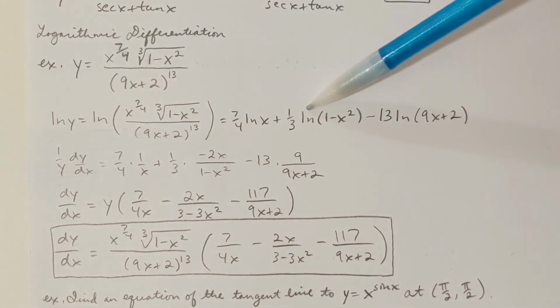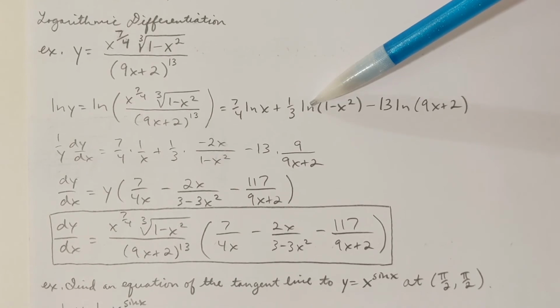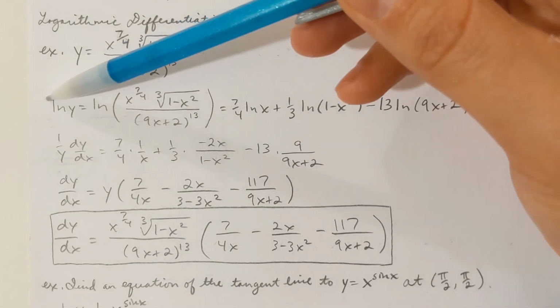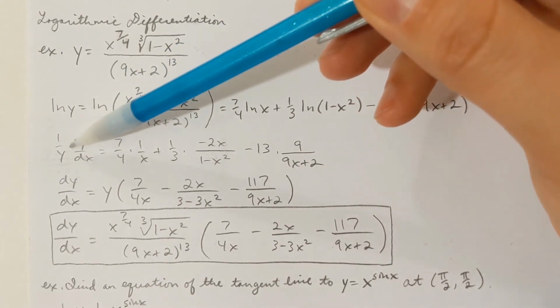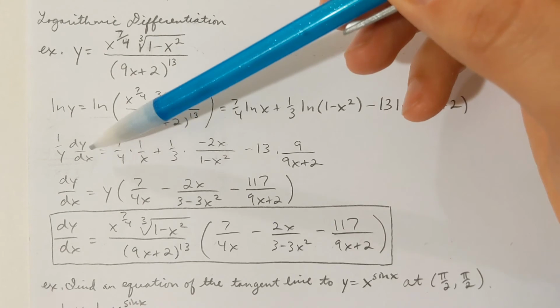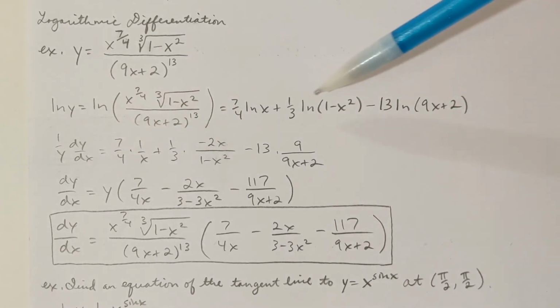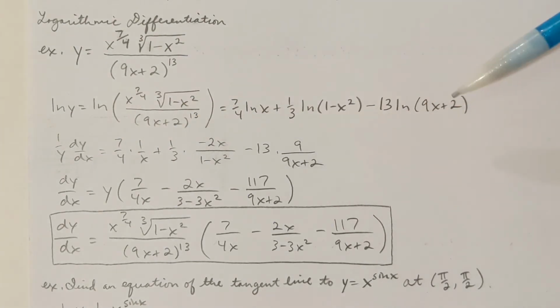Now, I have an equation here that is in implicit form, so if I want to differentiate, I need to use implicit differentiation next. The derivative of ln y would be 1 over y, but because that's in terms of y, I need to finish the chain rule. I need to multiply this by dy dx. On the right, all this is in terms of x. You differentiate x as usual.